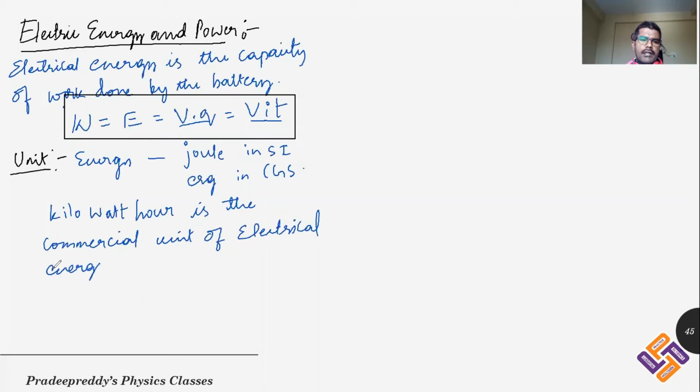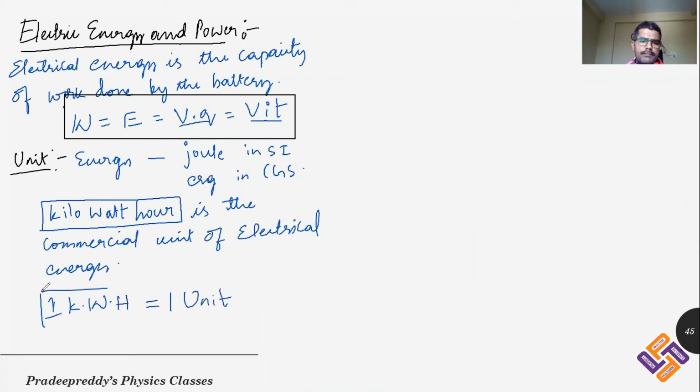Kilowatt hour is the commercial unit of electrical energy, and 1 kilowatt hour is called 1 unit.